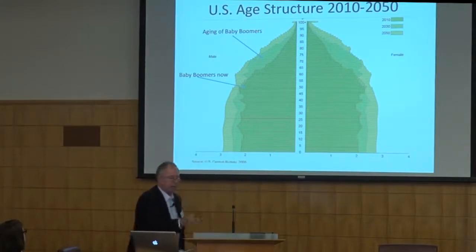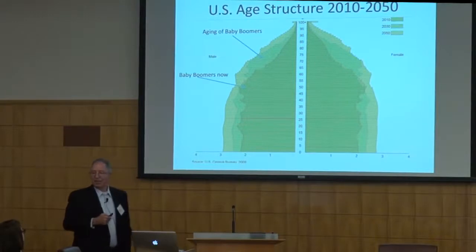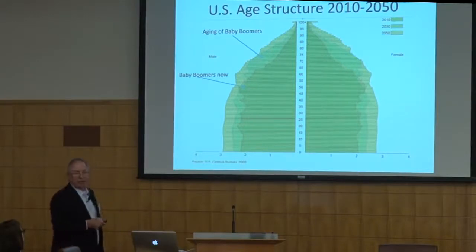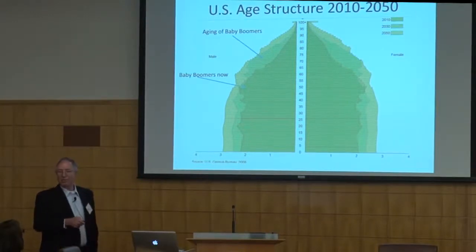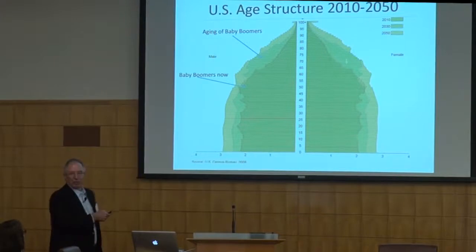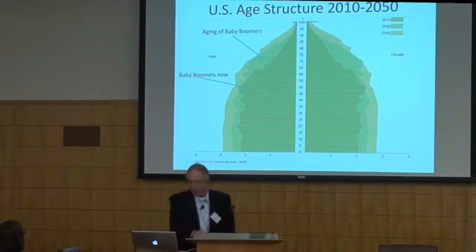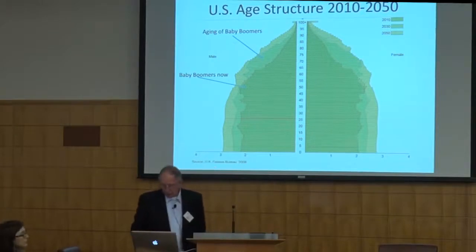But on the other hand, if you look at the long run projection to 2050, what you see is still a pretty pyramidal kind of distribution. Whereas if we were looking at Italy or Japan or many other countries, what you would see is an hourglass shape or vase shape, where the base is small relative to the size of the rest of the distribution.